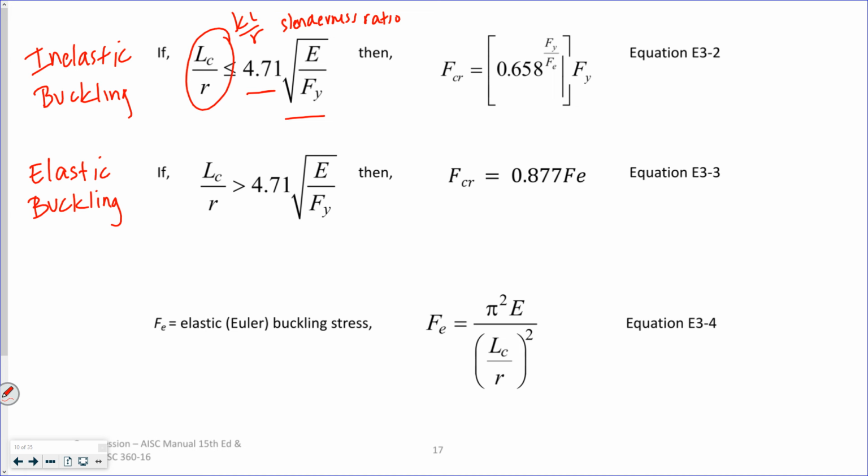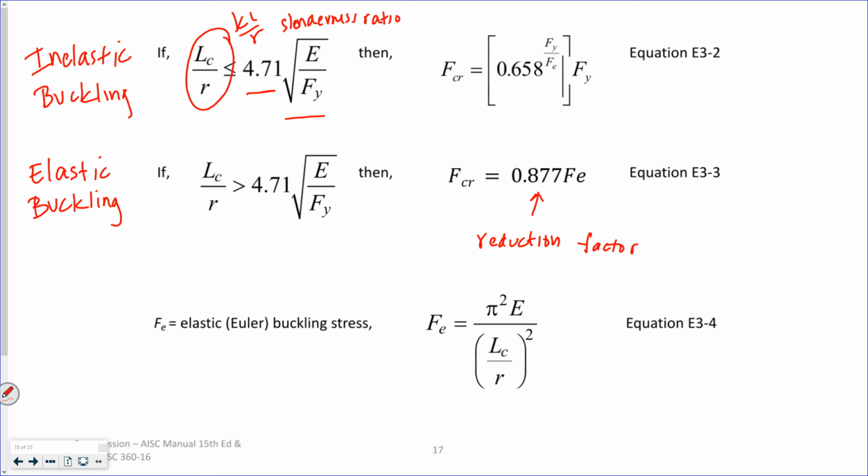If I have elastic buckling, I use my stress associated with Euler buckling stress, that's Fe. That's my stress associated with perfect, wonderful Euler elastic buckling. And then I'm going to reduce it, right? There's a little bit of a reduction factor based off of research.